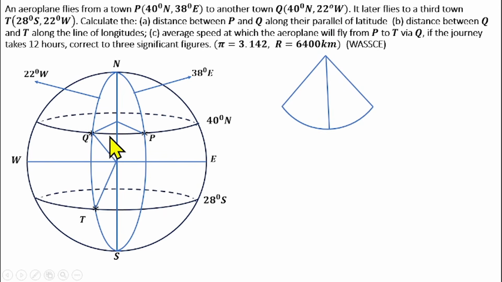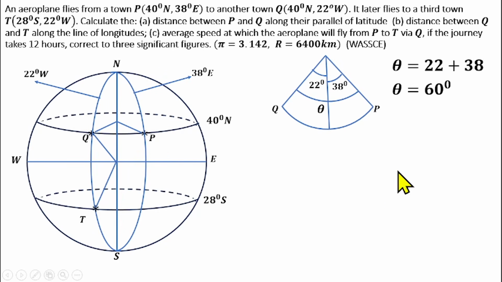We draw the diagram between Q and P. I should have Q here, and P here. This line at the middle will be the origin of the angle. From the origin to point Q, the angle there is 22 degrees west. And from the origin to point P, the angle there is 38 degrees east. So if I am to find the angular distance, theta, theta will be 22 plus 38, that gives us 60 degrees.